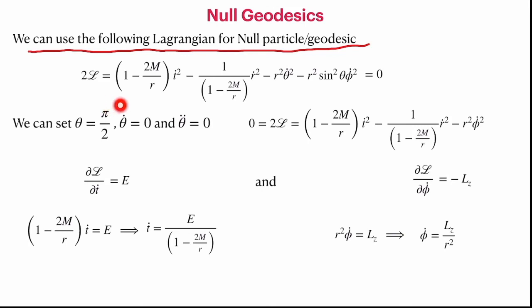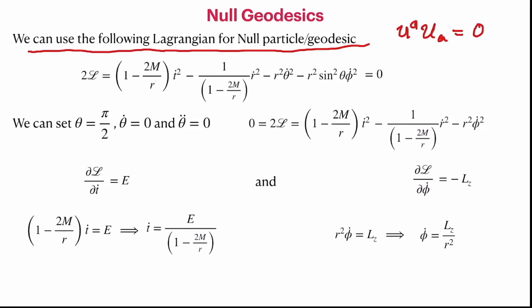This can be easily done with the same formalism. The only difference is that now the Lagrangian, which we considered as u·u, the dot product of the tangent vector, will have to be 0 for light, it is 1 for time-like, and minus 1 for space-like. We are not interested in space-like.